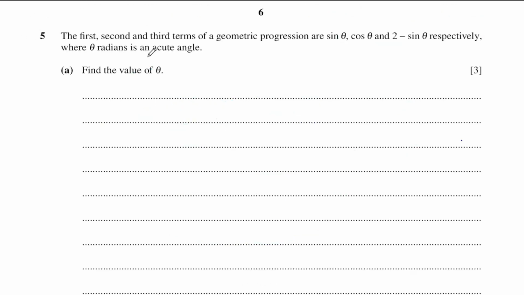Next part: the first, second, and third terms of a geometric progression are sine theta, cos theta, and 2 minus sine theta respectively. Meaning, sine theta is the first, cos theta is the second, and 2 minus sine theta is the third. Basically, in a geometric progression you have your first term, we call it a, and to get to the next one, we multiply by a certain constant r.